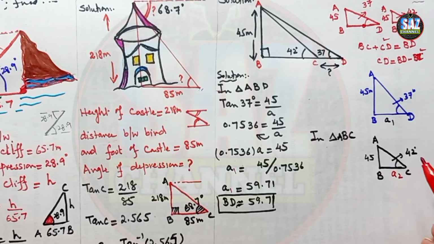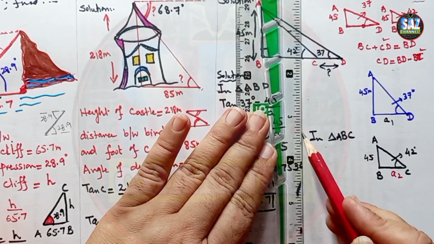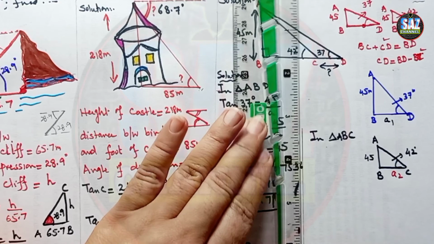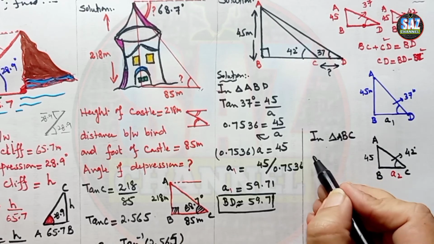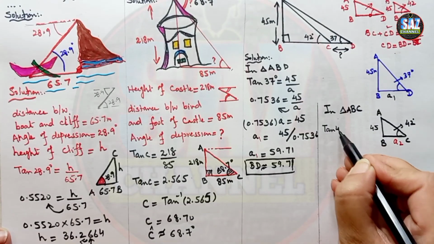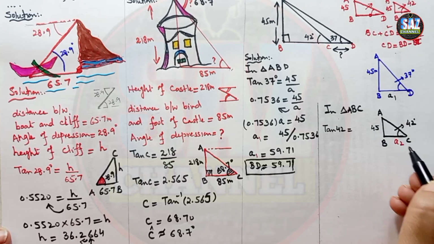Again, with reference to 42 degrees, we have to see what is 45 and what is A2, and which trigonometric ratio we can apply here. Recall the previous lesson: opposite upon adjacent, which ratio uses opposite and adjacent? Tangent. Tangent 42 degrees equals 45 upon A2.